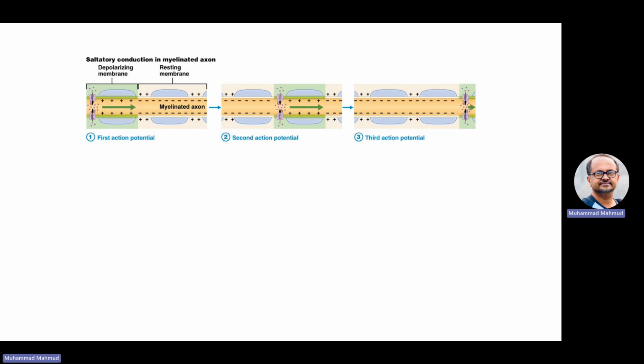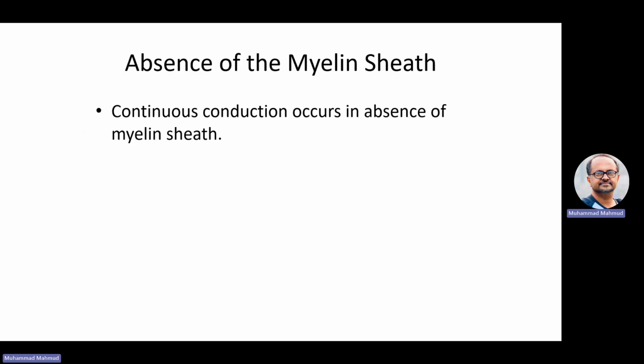And what is saltatory conduction? We need to have a look at the picture on this slide. You see the saltatory conduction, the depolarization happens in the first part, then the second part, then the third part. So it goes one section at a time, and that makes it faster.